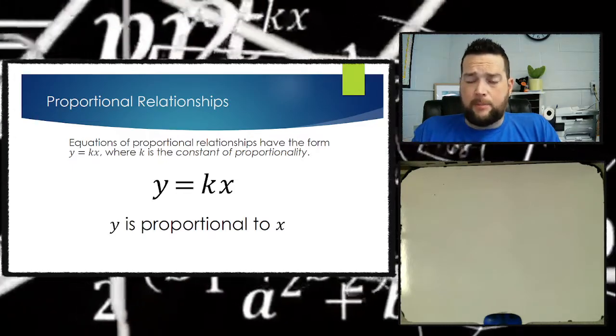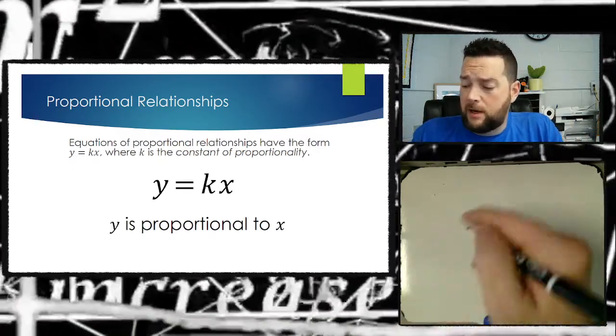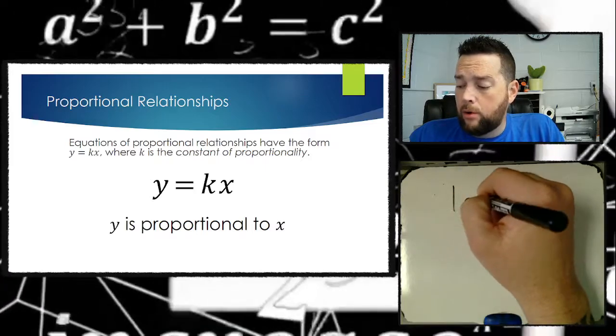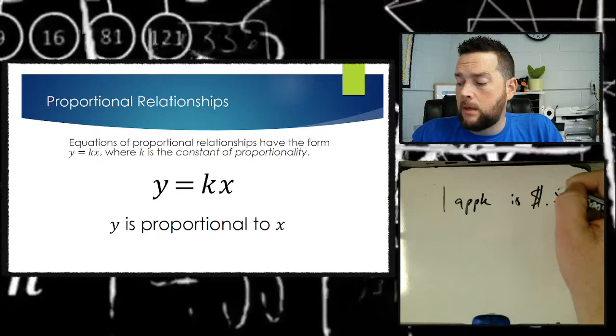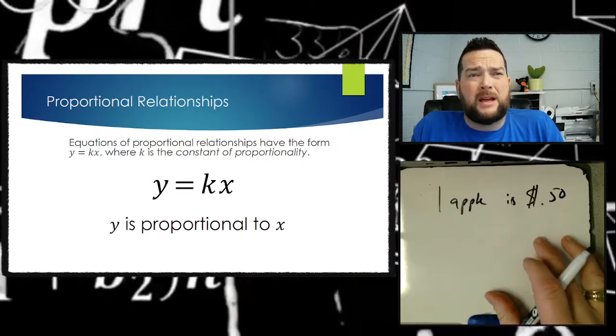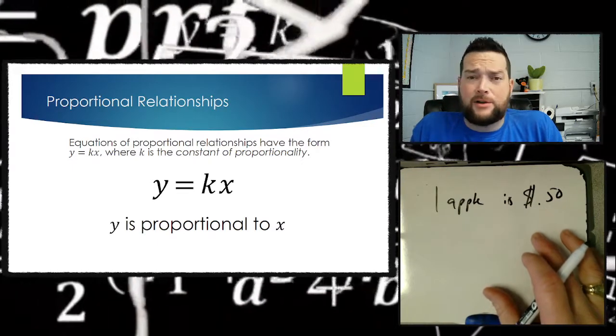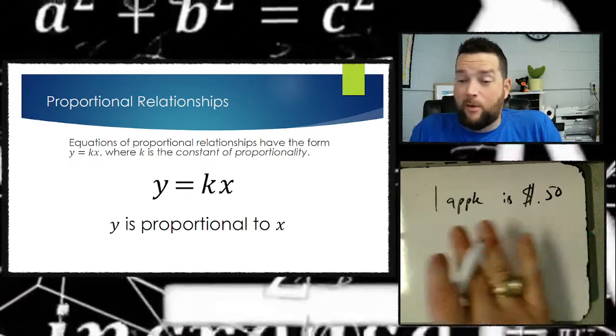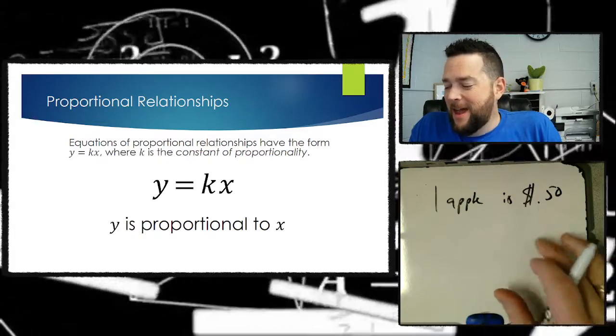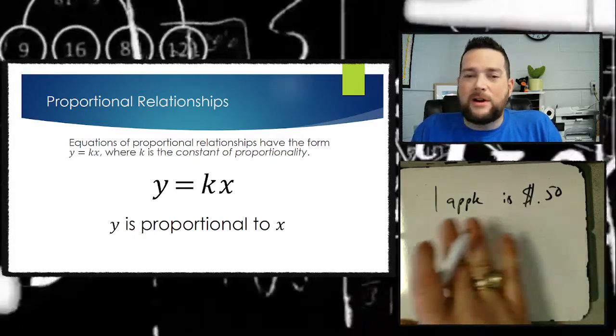An example that I have been using in some of my videos is, one apple is 50 cents. That's about how much an apple. No, it's probably more like $1 these days, $1.50. But anyways, back in the olden days when I was a little boy, one apple was 50 cents. Well, these two amounts are tied together.